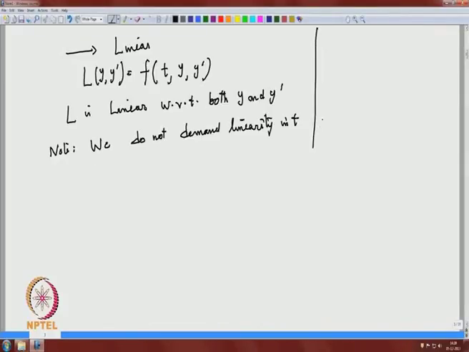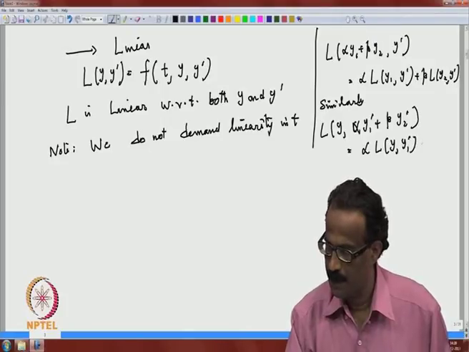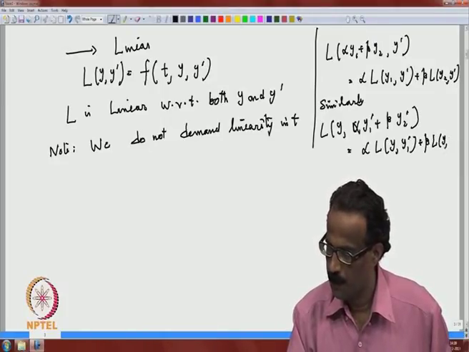So, what is linearity? Linearity basically tells you, if you have L of alpha y1 plus beta y2, y prime, you need it to equal alpha times L of y1, y prime plus beta times L of y2, y prime, and similarly L of y, alpha y1 prime plus beta y2 prime is equal to alpha times L of y, y1 prime plus beta times L of y, y2 prime.